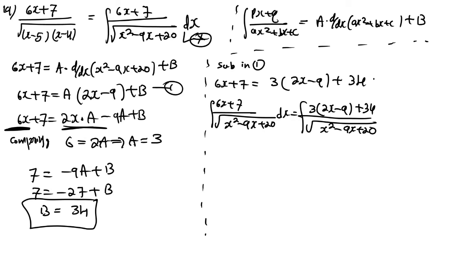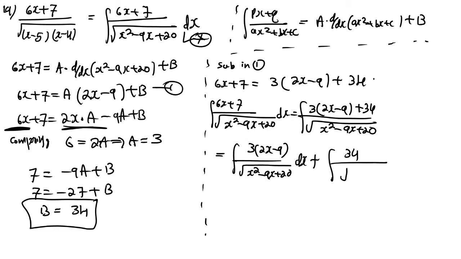You can rewrite this as integration of 3 into (2x minus 9) divided by square root of x square minus 9x plus 20 dx, plus the second term, 34 divided by square root of x square minus 9x plus 20 dx. Take the first one as I1, the second one as I2. Now solve I1 and I2 separately.